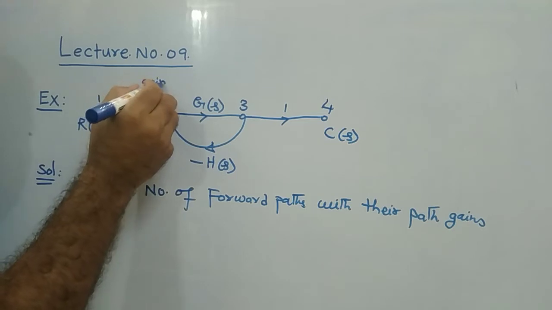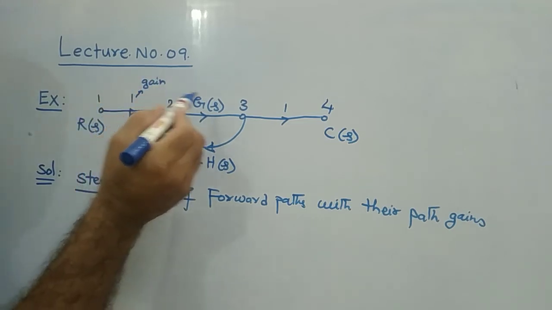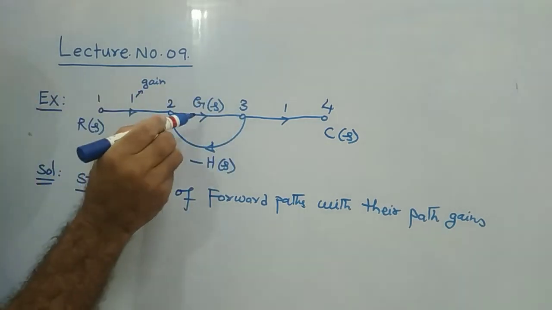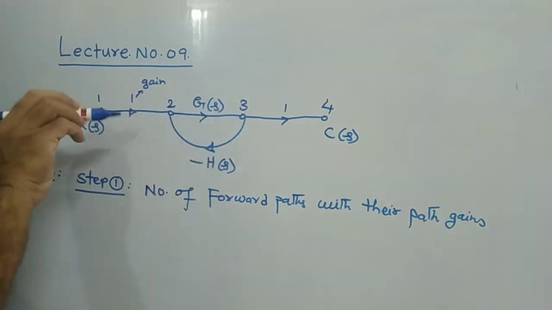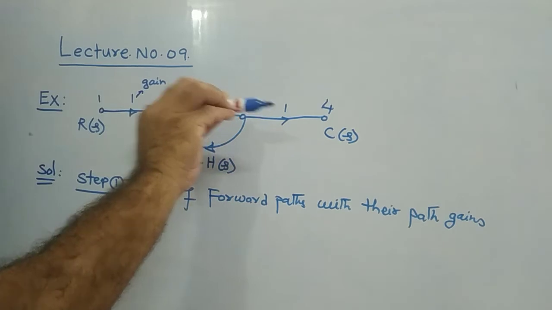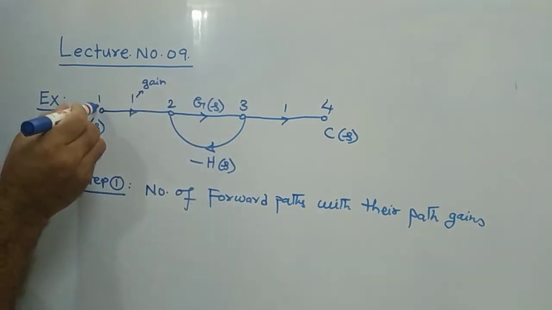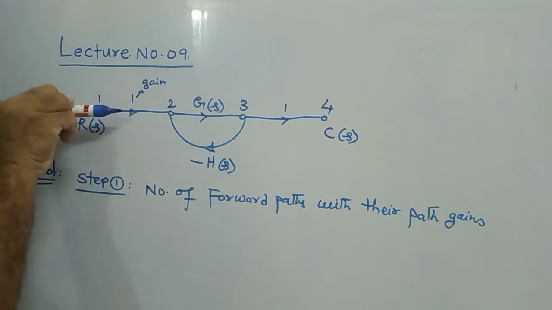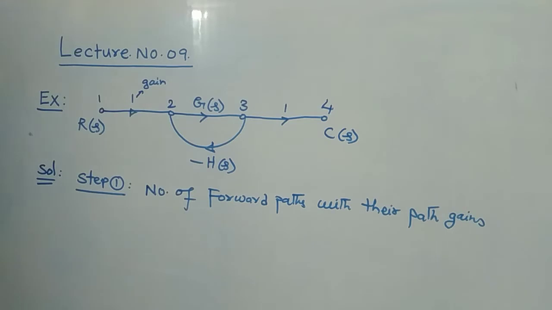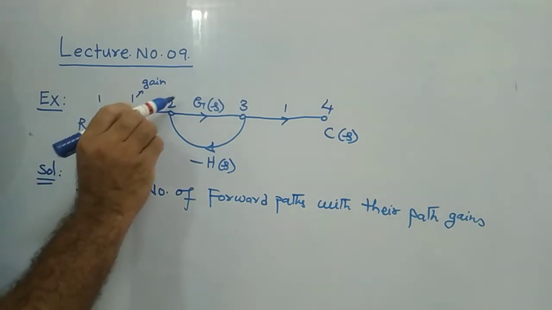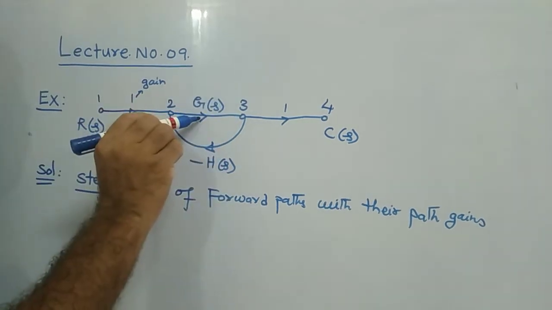And similarly, from node 2 to node 3, again there is an arrow mark in the forward direction. The signal is still going in the forward direction. It started from R of s, your node 1, and the signal went forward and reached node 2, and again from node 2 to node 3 it is going forward.